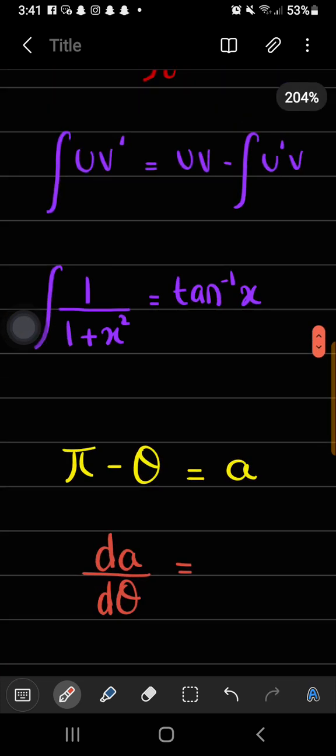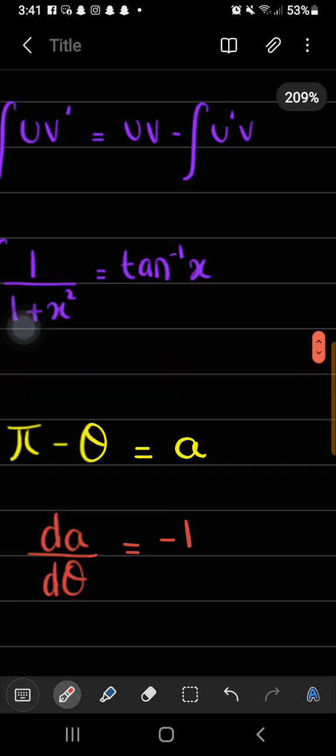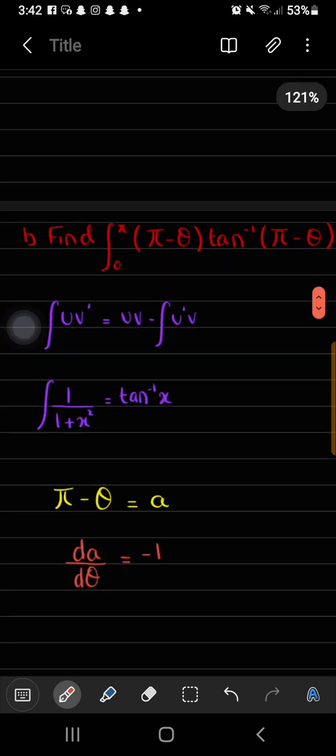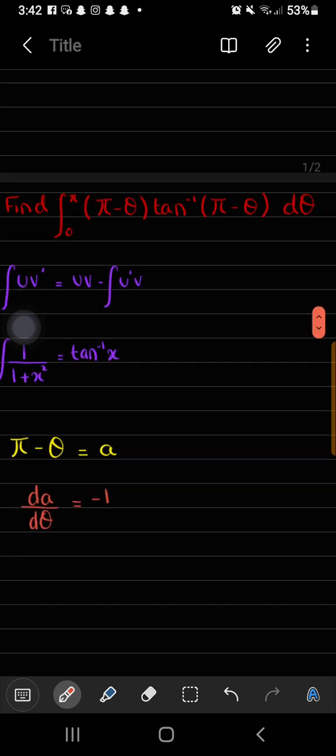If we differentiate this, it will become minus a. Currently I'm not going to change the limits; I will change the limits in the next step.